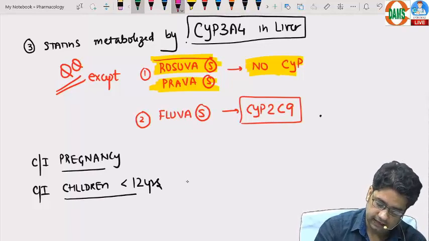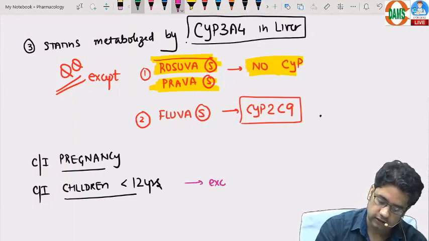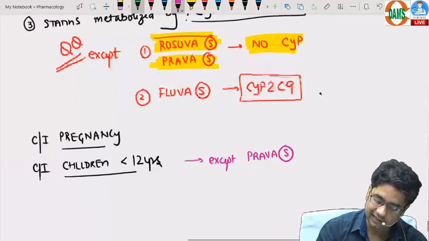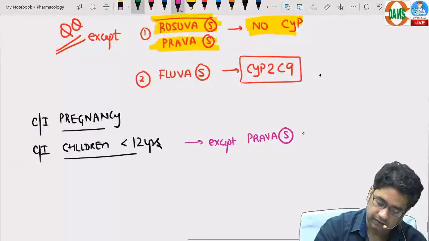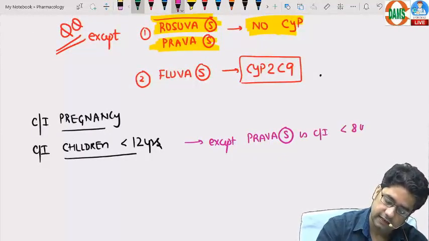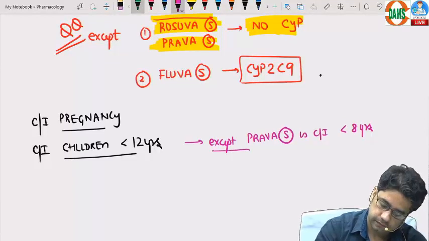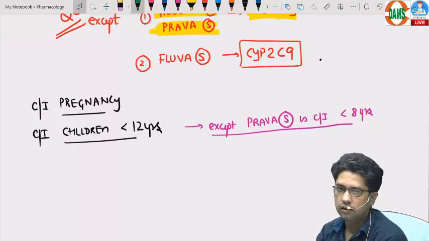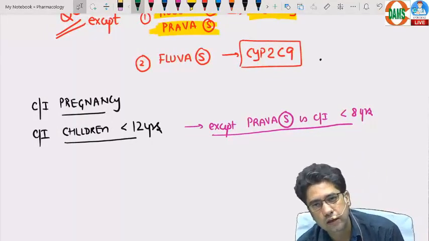You will write except, growth hamper हो जाती है उनकी. Pravastatin. Pravastatin puberty से पहले दे सकते हो, but you will write Pravastatin is contraindicated in less than 8 years of age. But that means Pravastatin can be given in children for 8 to 12 years of age also.